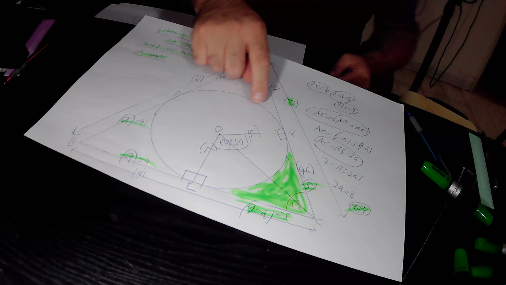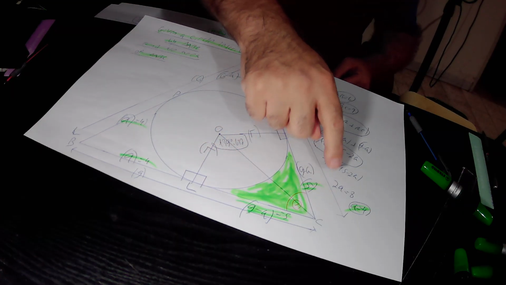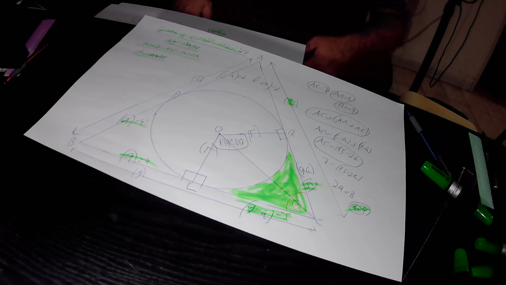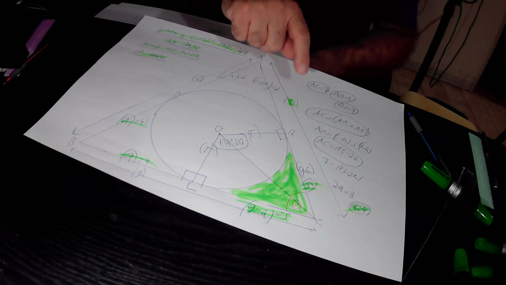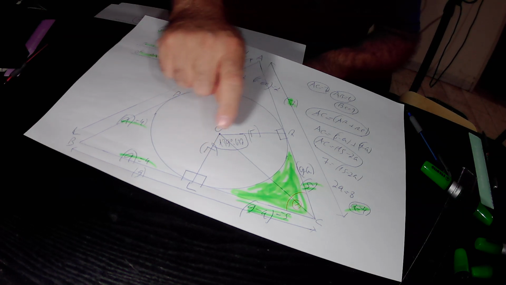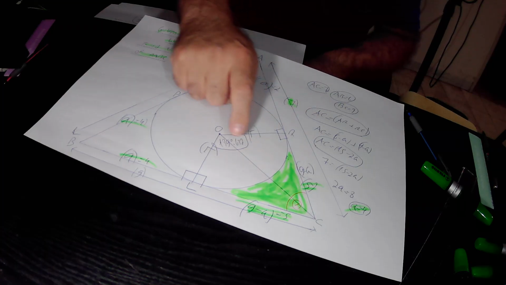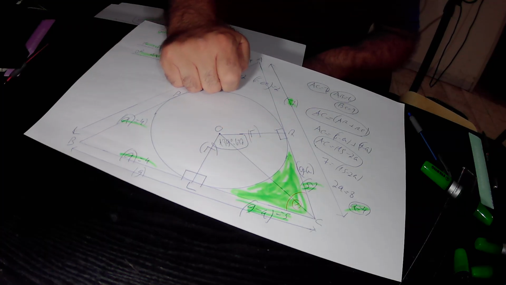This is quadrilateral QOLC. We know that the sum of the angles in any quadrilateral is equal to 360 degrees. Repeat again, the sum of the angles in any quadrilateral is equal to 360 degrees. So in quadrilateral QOLC, we have 90 degrees plus 90 degrees is 180 degrees, plus theta plus the missing angle, the total must equal 360 degrees.